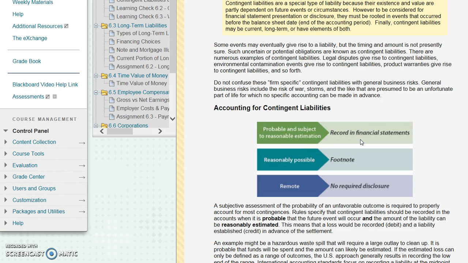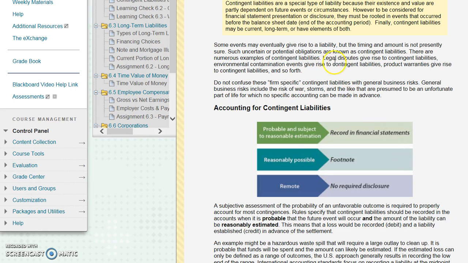But at the time she sued, McDonald's did not know if they were going to have to pay out on this liability. They would have had to ask themselves, is it reasonably probable? Can we estimate it? Is it reasonably possible, or is it remote? Whatever they decided would determine how they were going to treat it on the financial statements.